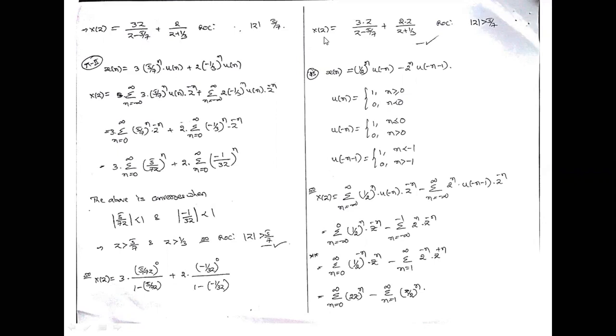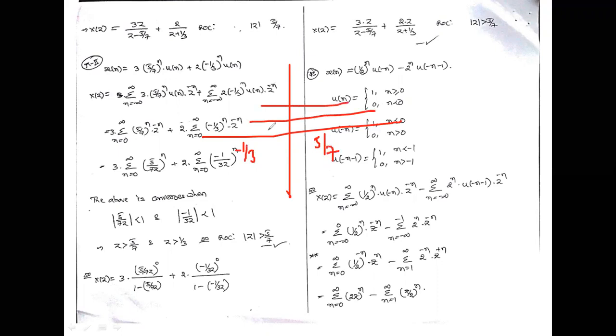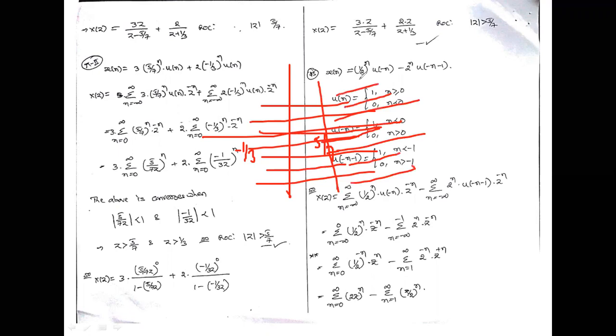Okay. So let us take here the minus 1 by 3 is there, and 5 by 7 is a positive value. So mu of n, if I am taking, z is greater than minus 1 by 3, and z is also greater than 5 by 7. So where the overlapping occurs for both functions is the ROC here. And here there is no overlapping because 5 by 7 greater than minus 1 by 3 are greater than values.